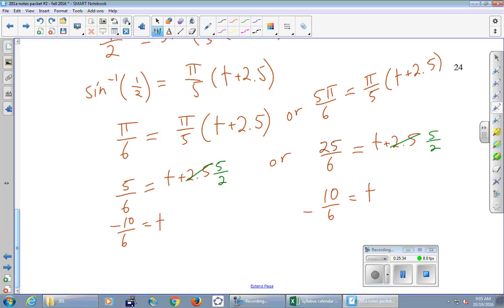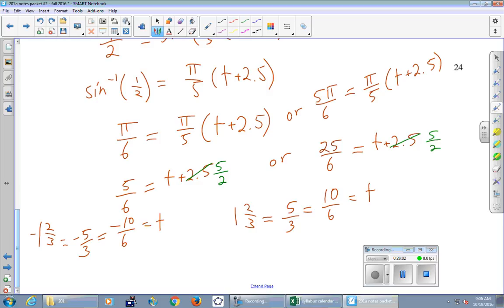Might as well reduce. So that's 5/3, and that's a negative 5/3. All right. And so I guess that means just in terms of years, this is 1 2/3 of a year, right? And that's negative 1 2/3 of a year.